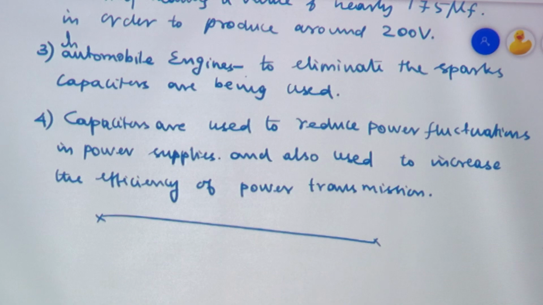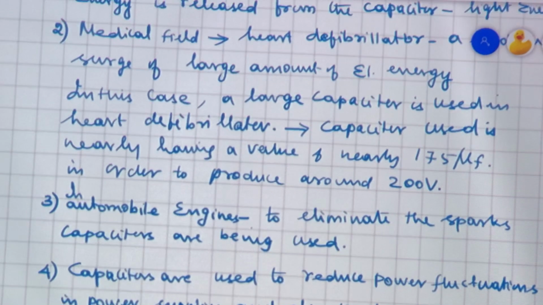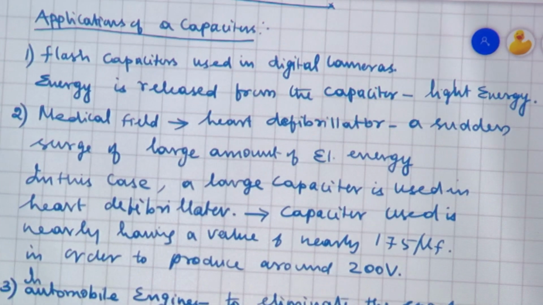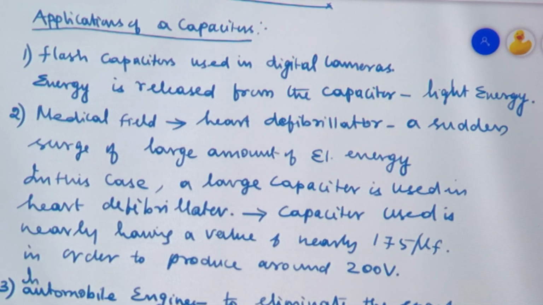Let us summarize. When considering the applications of capacitors, we use capacitors in flashlights or flash lamps in cameras. There we have a capacitor called a flash capacitor, and flash capacitors are used in digital cameras nowadays.